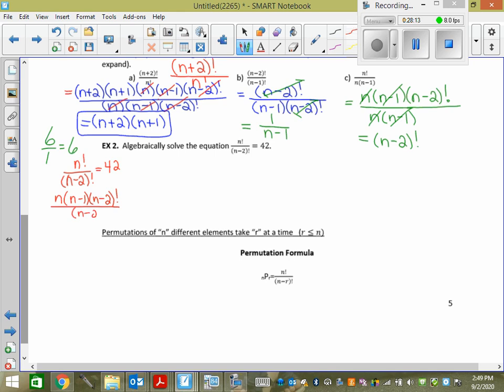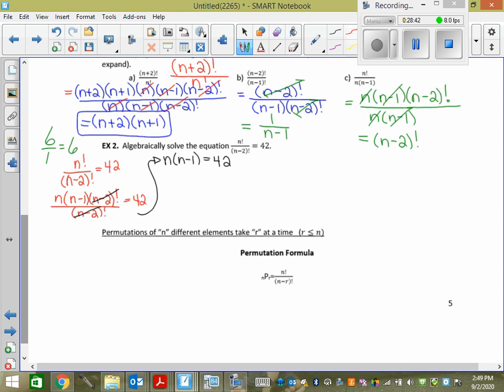And this time I could stop at n minus 2 because the bottom had a factorial symbol, right? And it equals 42. Then the n minus 2 factorials can cancel, and I'm left with n times n minus 1 equals 42.